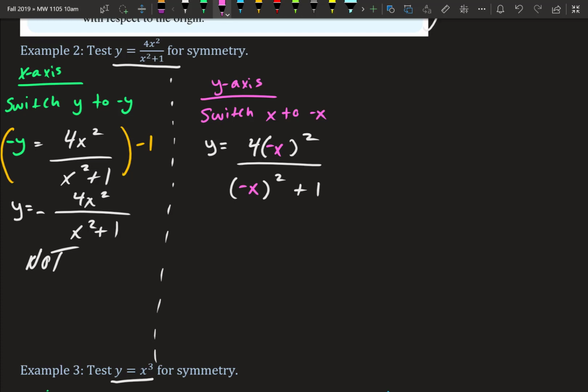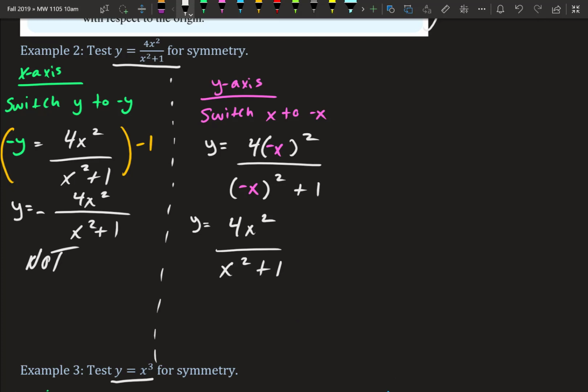Get into that habit. It will make your life a little bit easier when we go through the semester and then the rest of your math classes. So let's simplify this. What's negative x squared? Negative x times negative x is going to be positive x squared. So we have 4x squared over x squared plus 1.